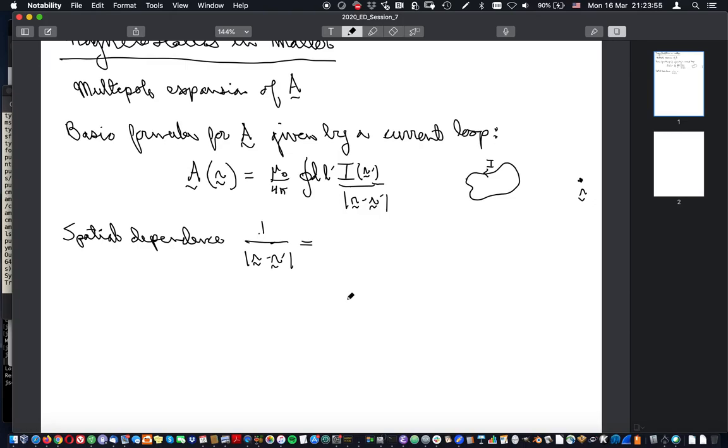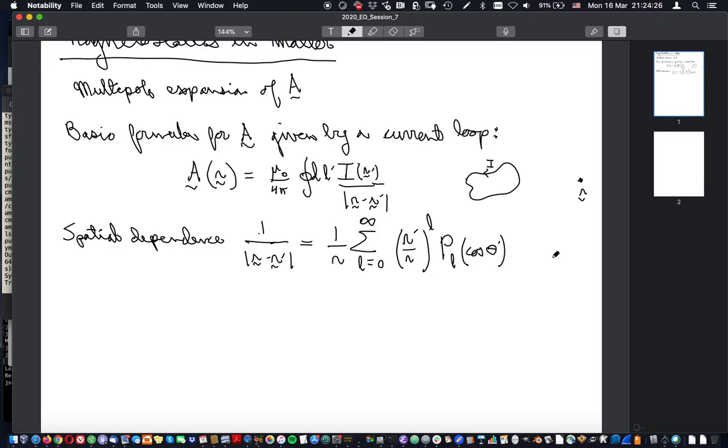So what's this series? It's just 1 over r, and now a summation over integers L from 0 to infinity of the magnitude of the vector r prime divided by the magnitude of the vector r to the power L, with the Lth Legendre polynomial of cos theta, or cos theta prime maybe, where theta is the angle between r and r prime.